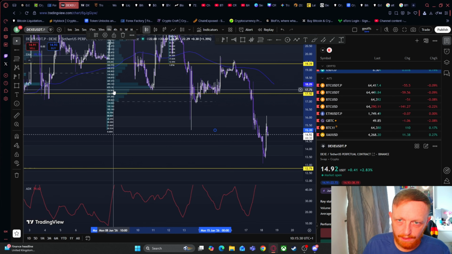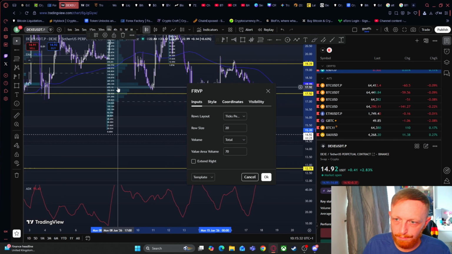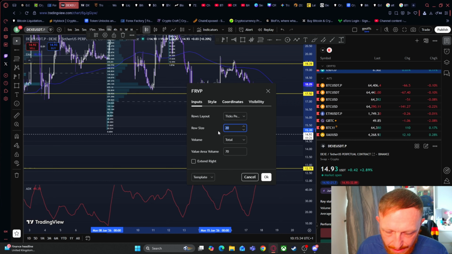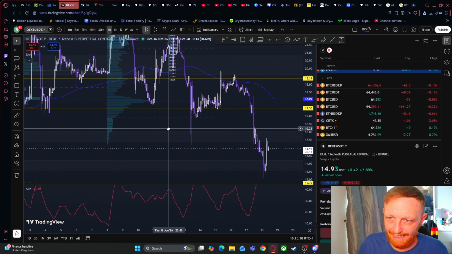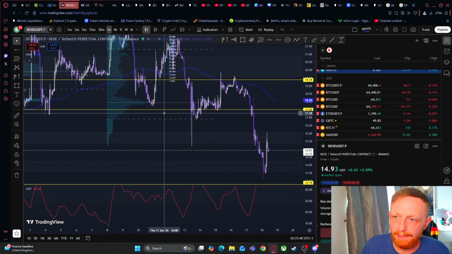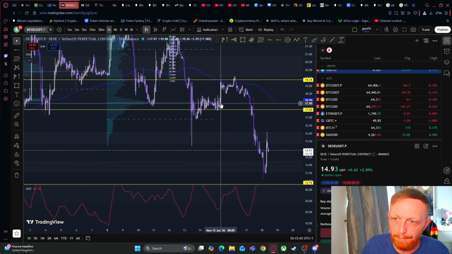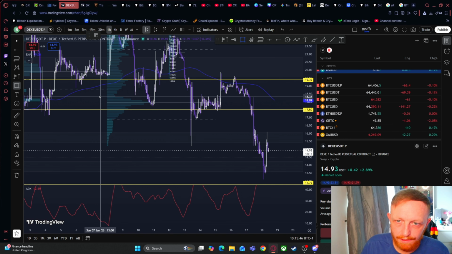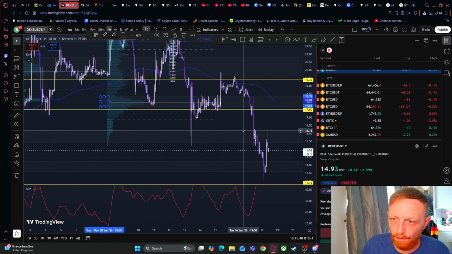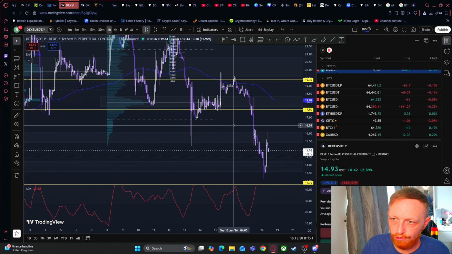Yeah? So that's last week's volume profile. I don't know why it keeps doing that. I'm going to go lower to 10. So that is last week's volume profile. I know there's a heavy volume bump there. And look, so that's my heavy volume bump there. Point of control's in there.